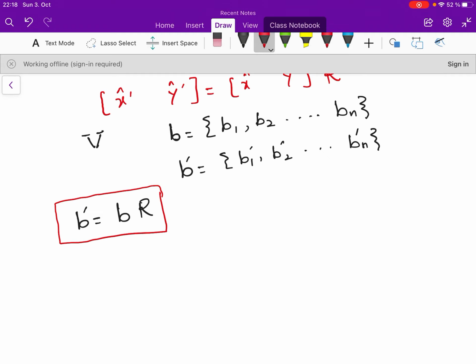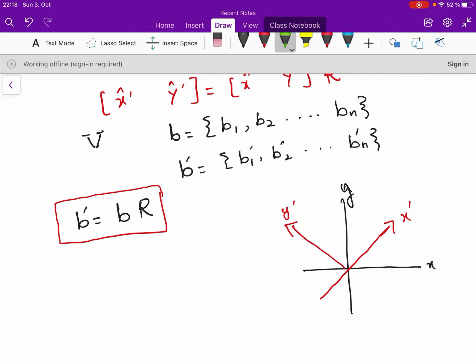So for example, let me say I have this coordinate system with x cap, y cap, and then there is another coordinate system here, x prime and y prime, and I have a vector, let me say the vector is over here.